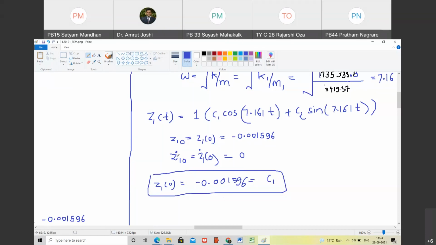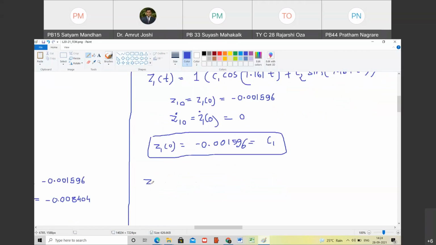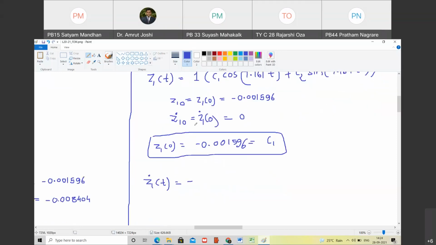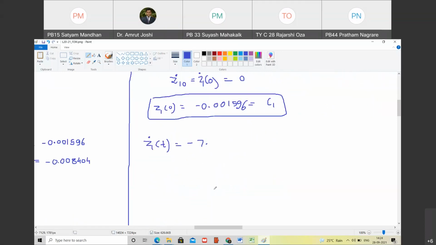Let's move ahead. What about the second boundary condition? Can I differentiate this Z1 of t? The Z1 dot of t. Tell me, how much is that? It is going to be minus 7.161 C1 sin of 7.161 t, because the derivative of cos is minus sine.